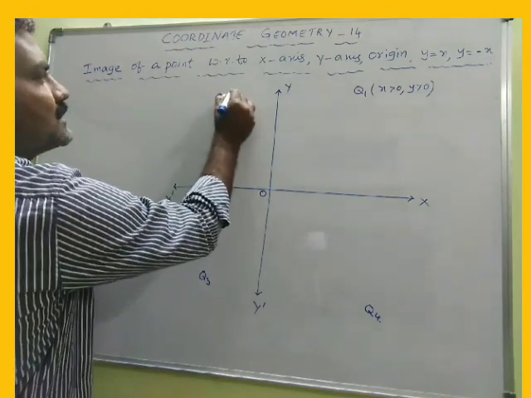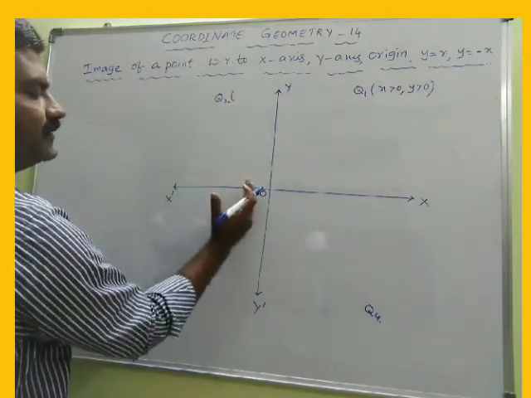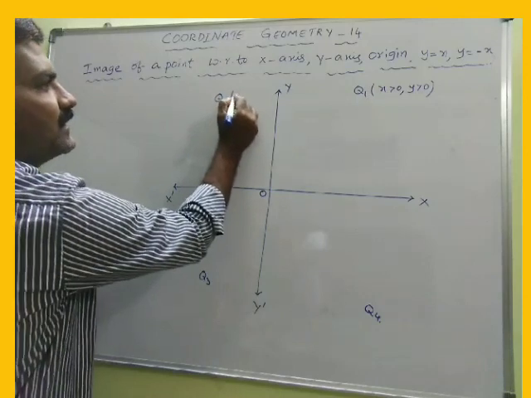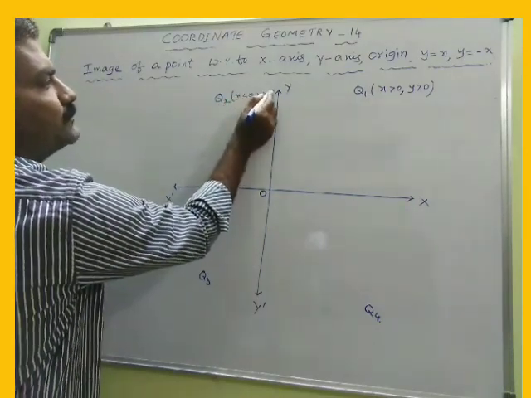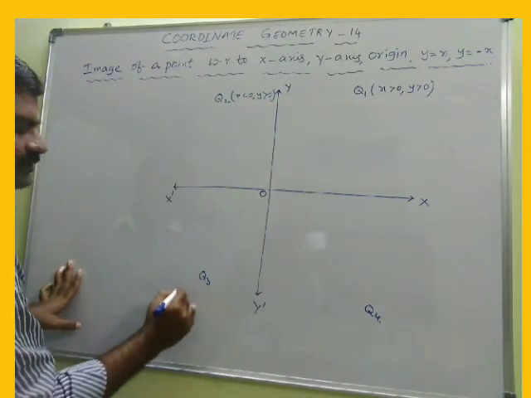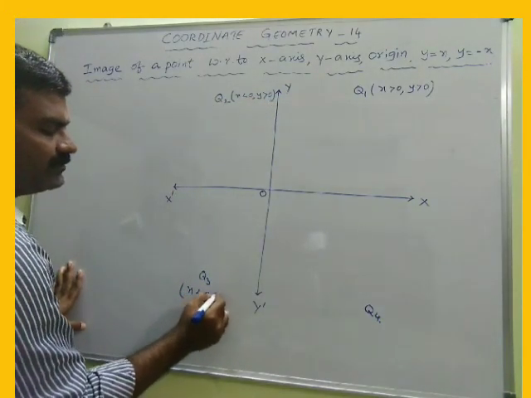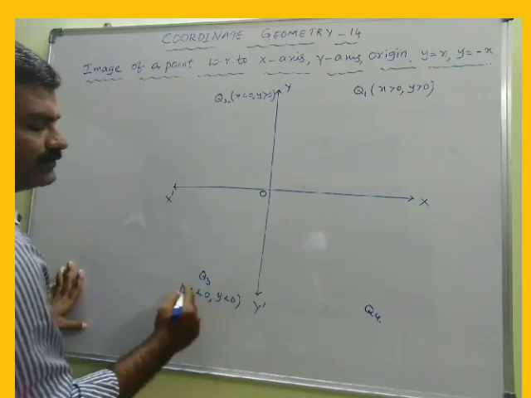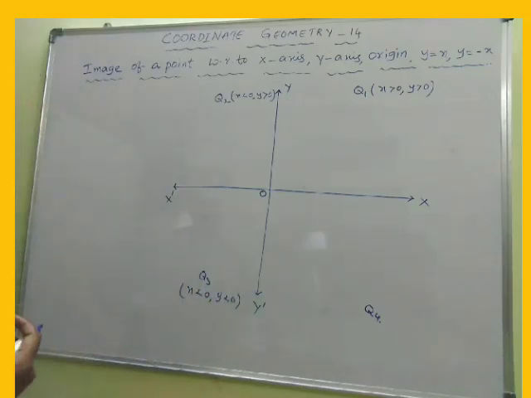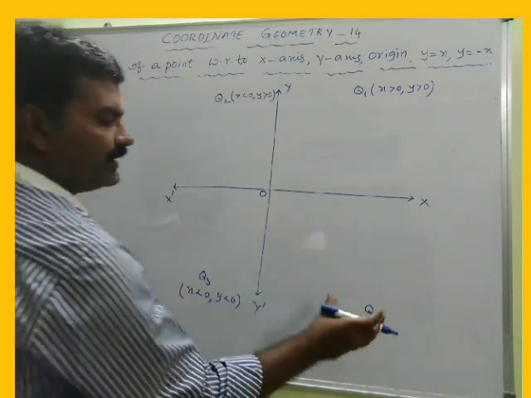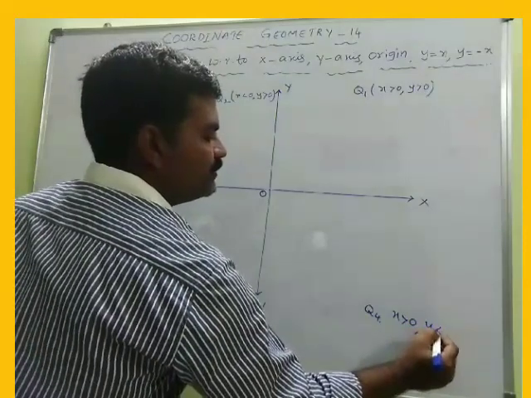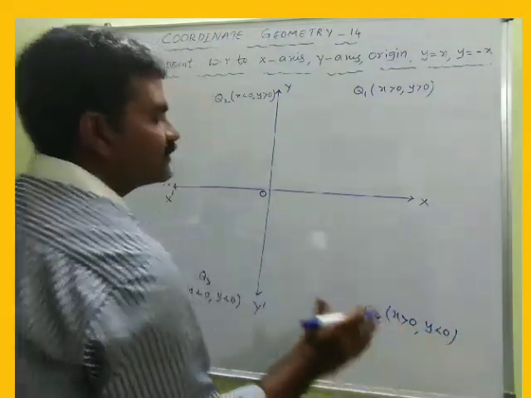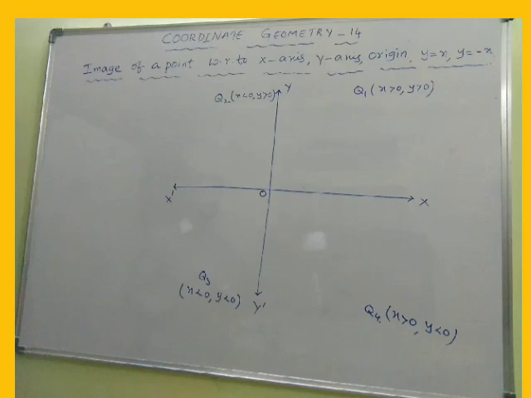Coming to the second quadrant, because this part is the negative x-axis, x is negative whereas y is positive. In the third quadrant, x is negative and y is also negative. All these things we already discussed in the beginning of coordinate system. And in the fourth quadrant, x should be positive and y should be negative. So this is the basic information that you must have to discuss this concept.